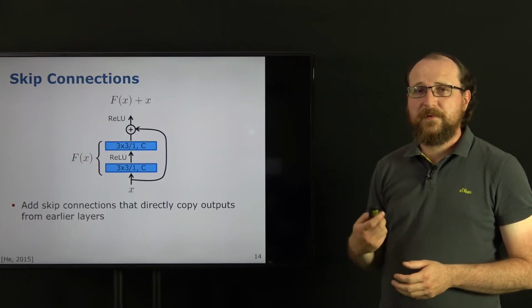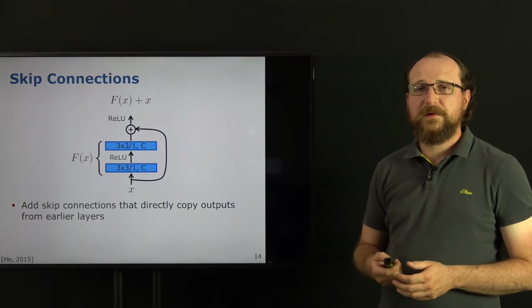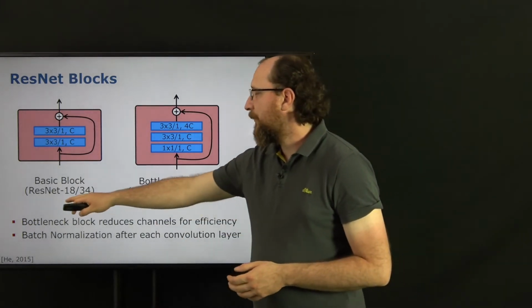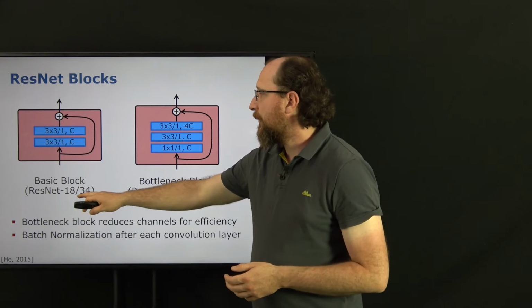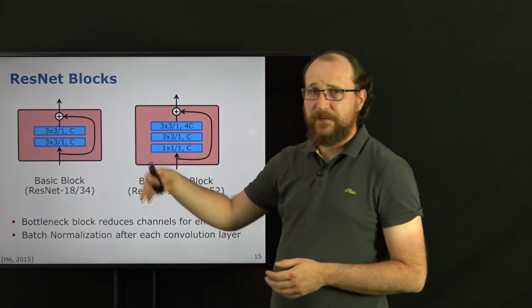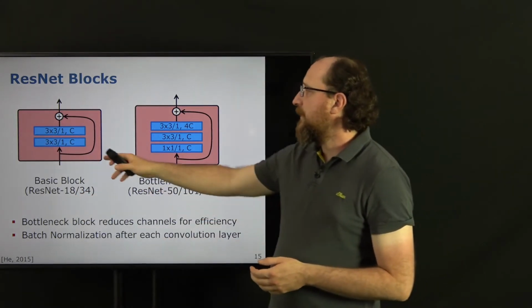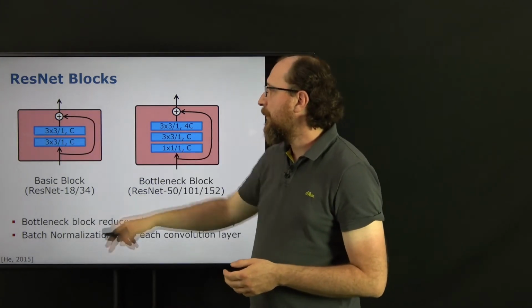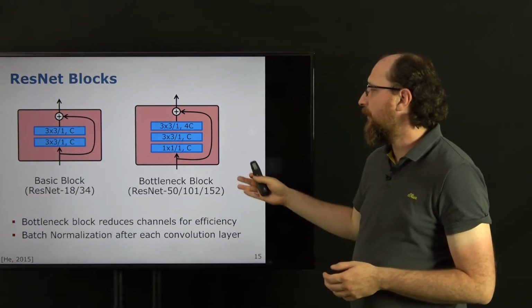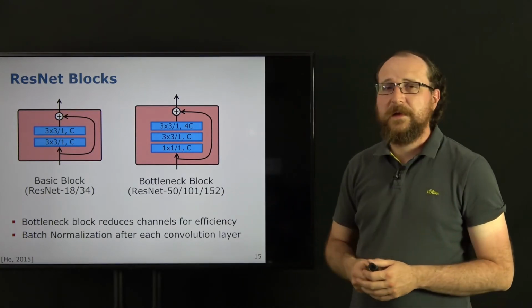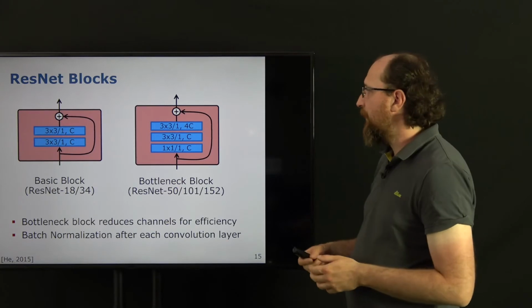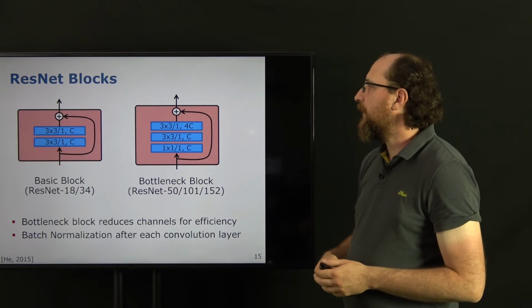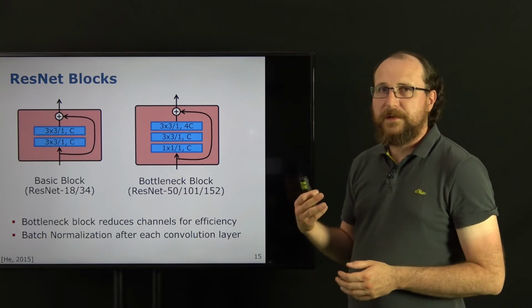For this, they proposed the so-called ResNet, and for ResNet they had two basic blocks. The basic block, which was used for 18-layer and 34-layer networks, is the one from before, with the 3x3 convolutions and the skip connection. For larger networks, they introduced a bottleneck block, which used the 1x1 convolutions introduced by GoogLeNet to reduce the number of parameters.